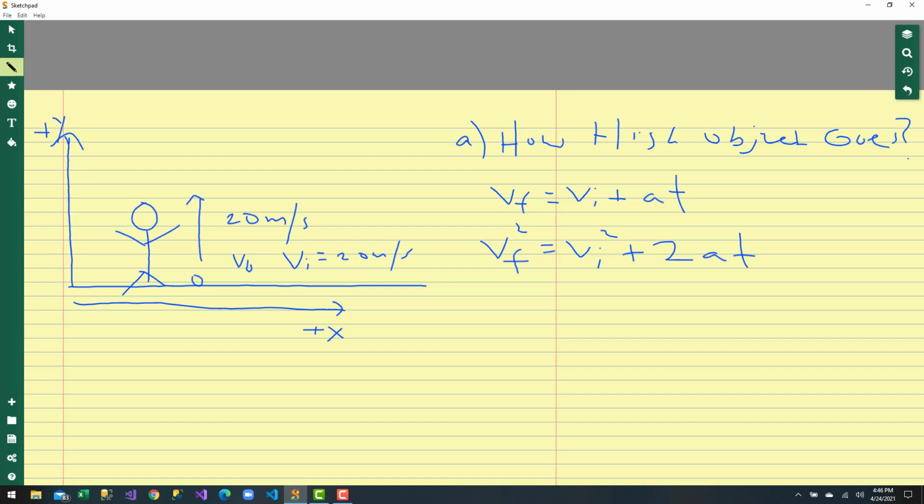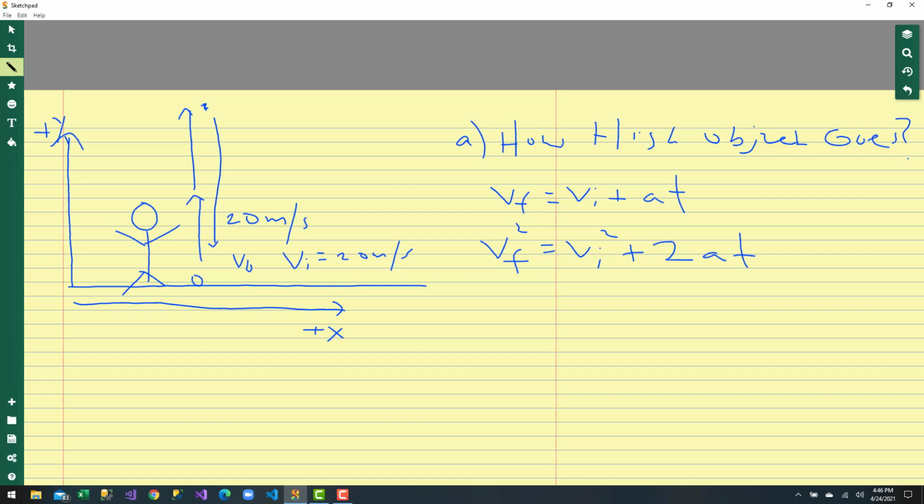Now think about it. If you throw an object straight up, what happens? Well, it reaches a maximum height, it comes to a stop at this point, and then it comes back down. Now what are all the forces acting on that object? Let's assume we're not taking air resistance into account.